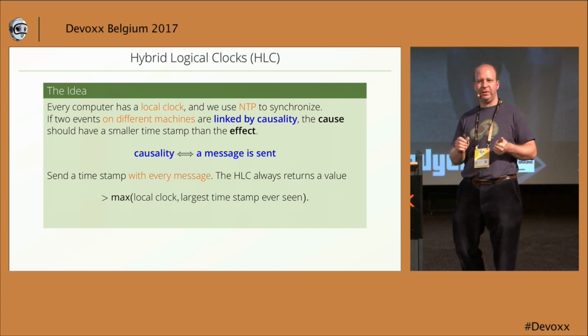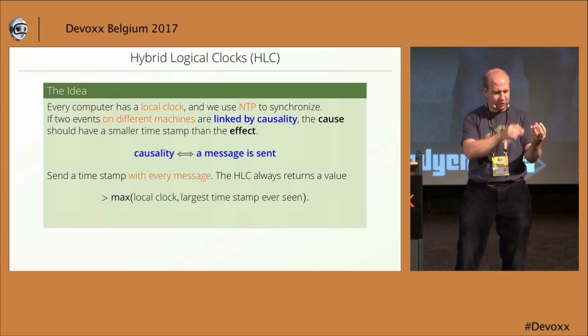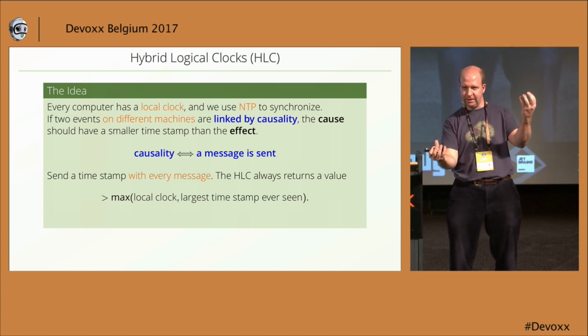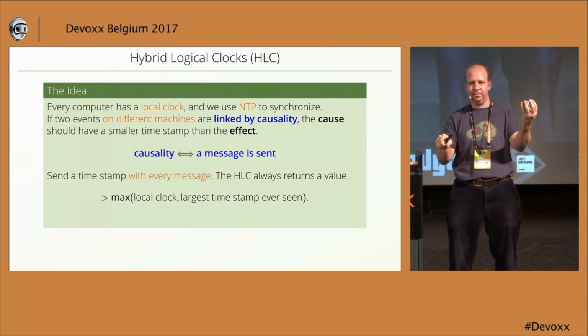It's good because it achieves exactly this condition with causality. If there's a message going from A to B, and some timestamp is taken before the message is being sent, then the timestamp sent along with the message is larger.